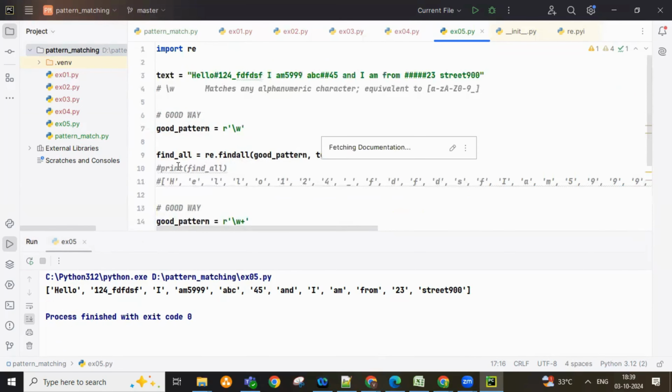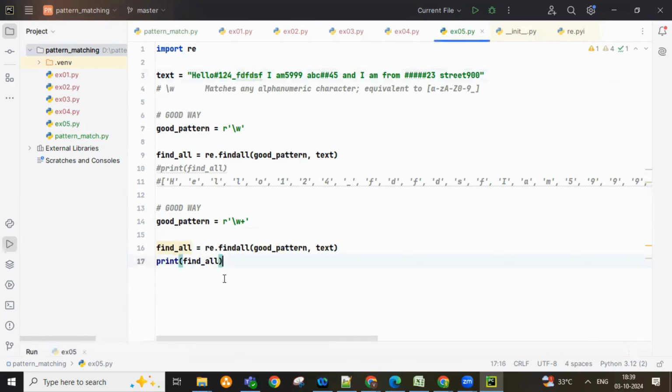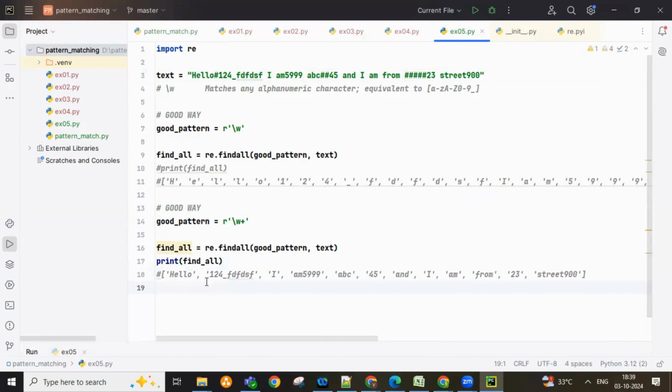Any question in this? You're fine? Got it? And one more pattern I just want to print.